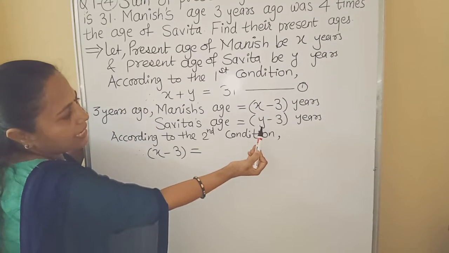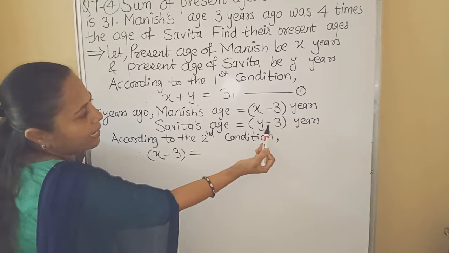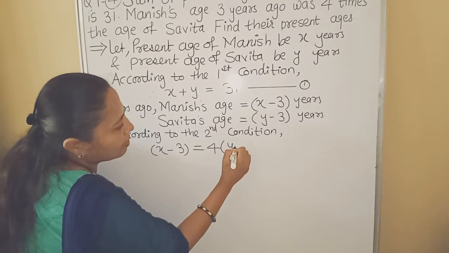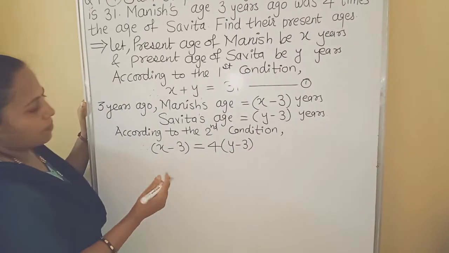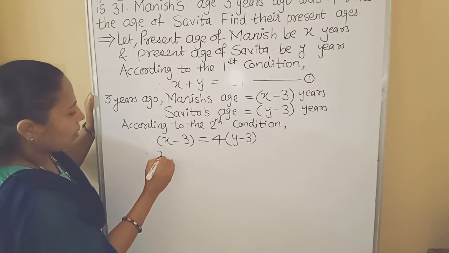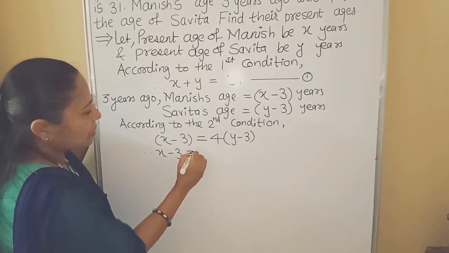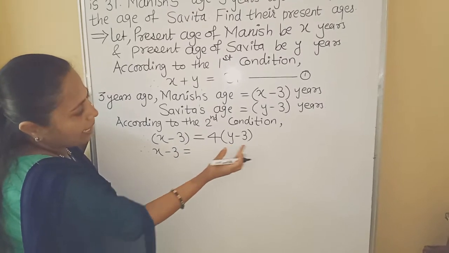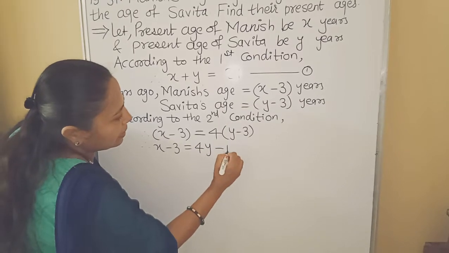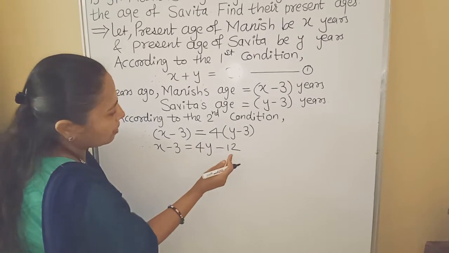Now Savita's age 3 years ago is Y minus 3. It's 4 times, 4 into bracket Y minus 3. So let's simplify this. X minus 3 is equal to, now this bracket we will multiply by 4, 4y minus 12. 4 3s are 12.